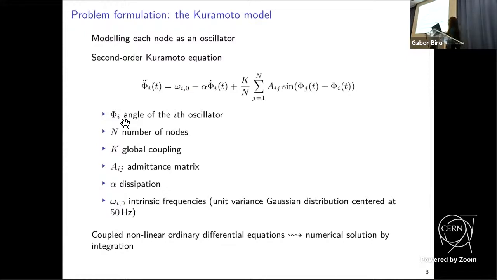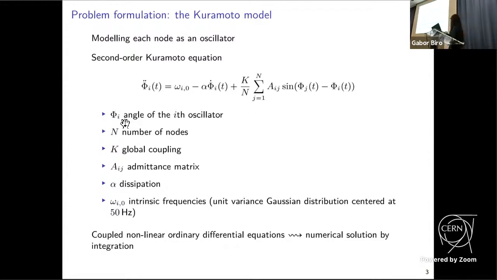And as I told you, the Kuramoto model sees the graph as a sort of coupled oscillators, and oscillators are characterized by their phases, phis. And in order to investigate how stable the network is, how synchronized it is, we need to follow the change of these phis for each node over time, which means that we have to integrate this equation. For this, we use numerical solvers.